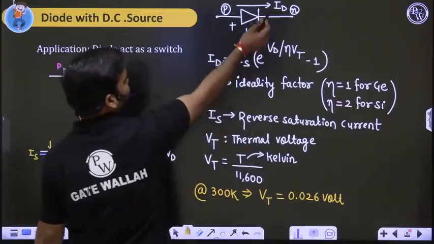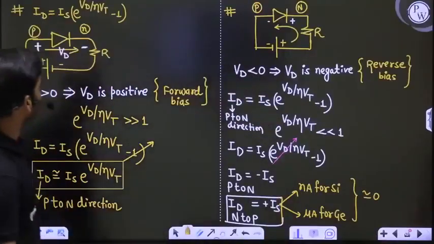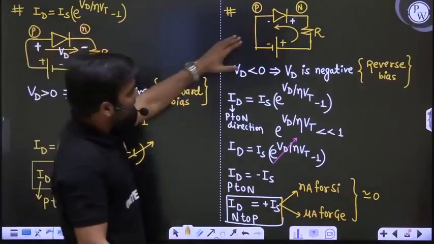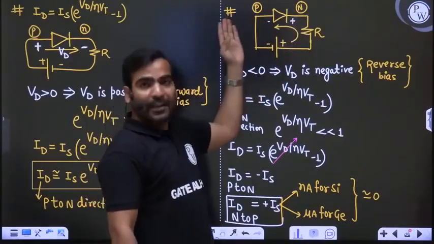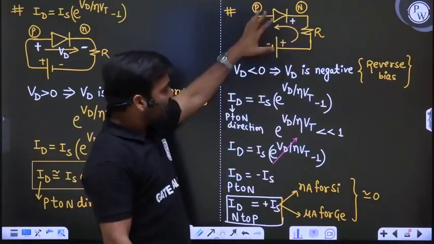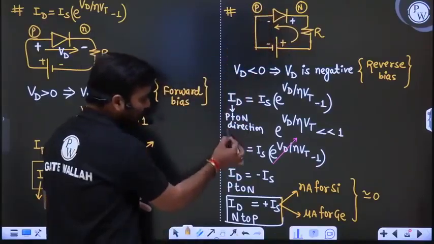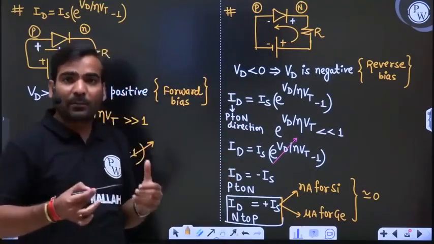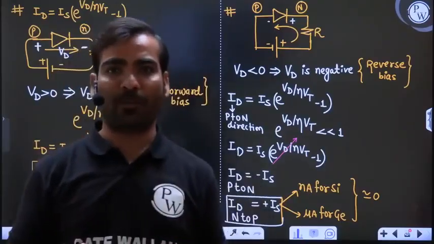No, this is the generalized case, P to N, and after slide 9 this is slide 10. This is the forward bias case where the P side is positive, the N side is negative, and current is in the P to N direction. Here in this case the N side is positive, the P side is negative, so current is in the N to P direction. This is your general equation, where the direction of current is from P to N. The general equation of a diode never differentiates between reverse bias or forward bias.